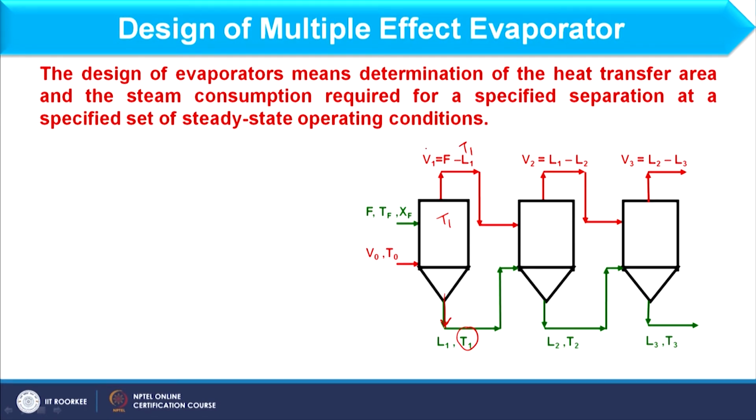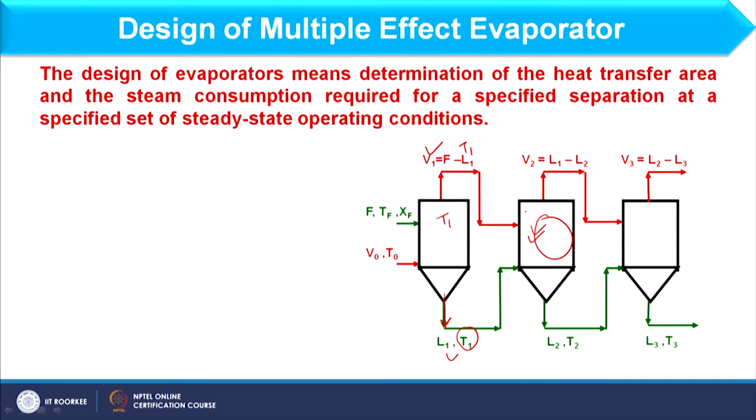Now, when this V1 and L1 both exit at the same temperature, okay, and at the same temperature enter the second effect, right, how is heat transfer taking place in the second effect, because both feed as well as heating media are available at the same temperature? I hope you are understanding my question.